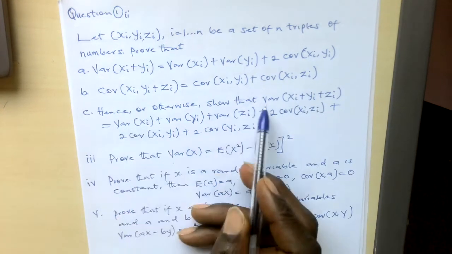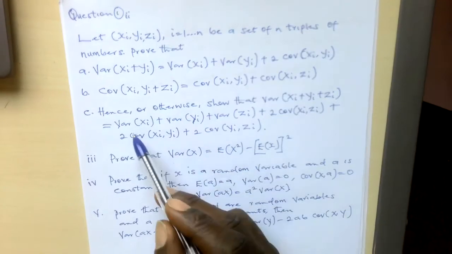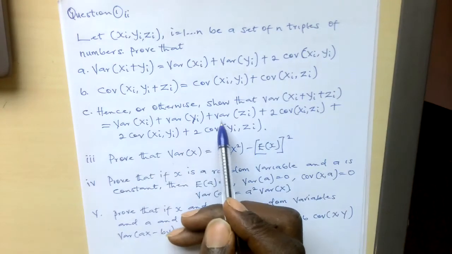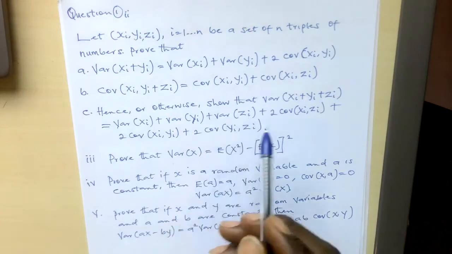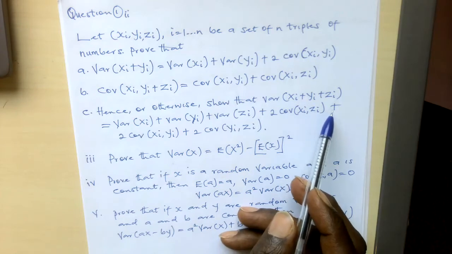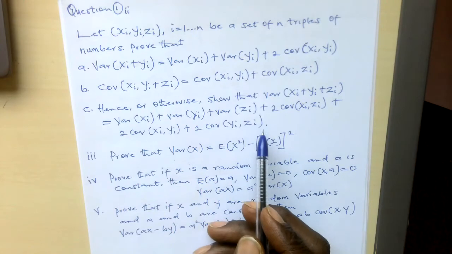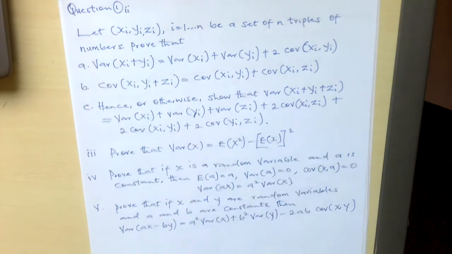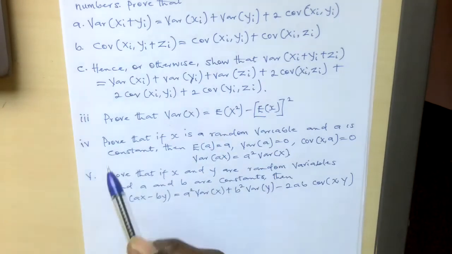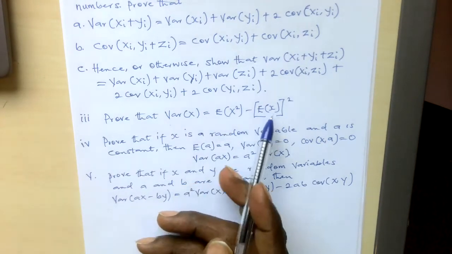And hence, or otherwise, show that the variance of the sum xi plus yi plus zi equals variance of x plus variance of y plus variance of z, plus 2 covariance of xi zi, plus 2 covariance of xi yi, plus 2 covariance of yi zi, right?